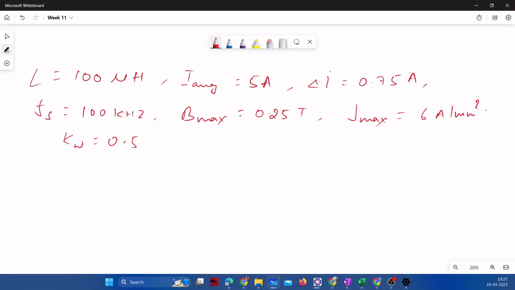Now we know all the parameters and the expression of area product, so we can directly plug in all those values. But there will be one twist. This is the inductor current waveform. Let me draw it.